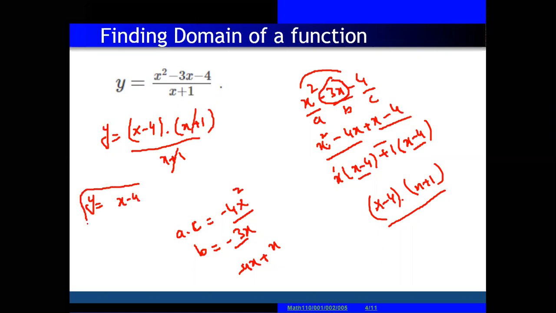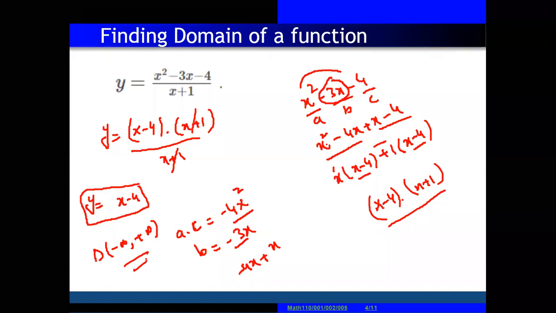And x minus 4 is a polynomial function, because there is no value of x in denominator. So for this function, you can give all values from minus infinity till plus infinity. Domain of this function is from minus infinity till plus infinity.